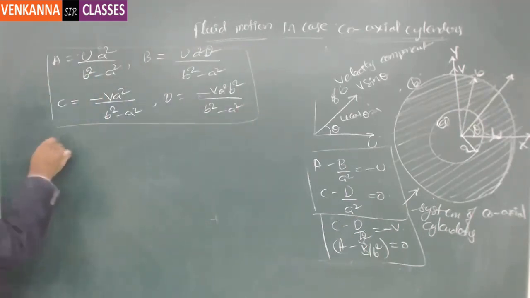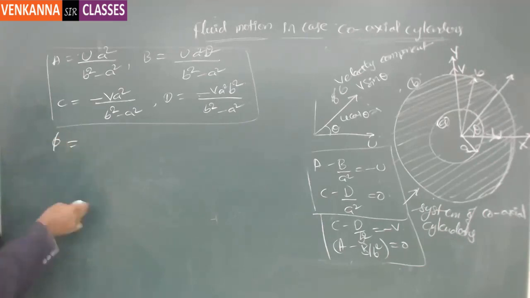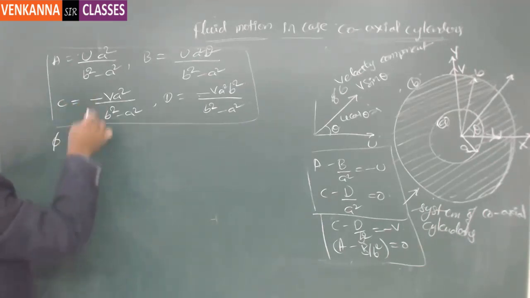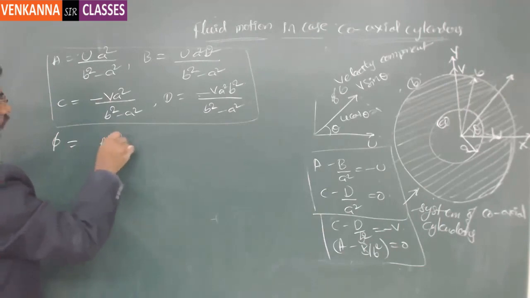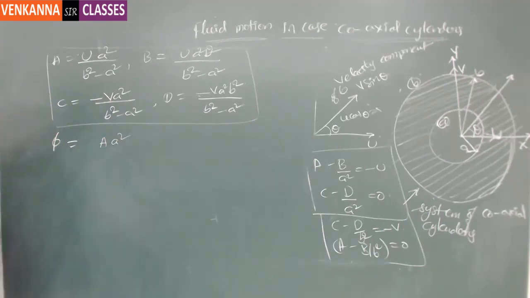Now, if you want to find the velocity potential, it is nothing but Ar, where A is Ua². In general you can take out a² divided by (b² − a²).